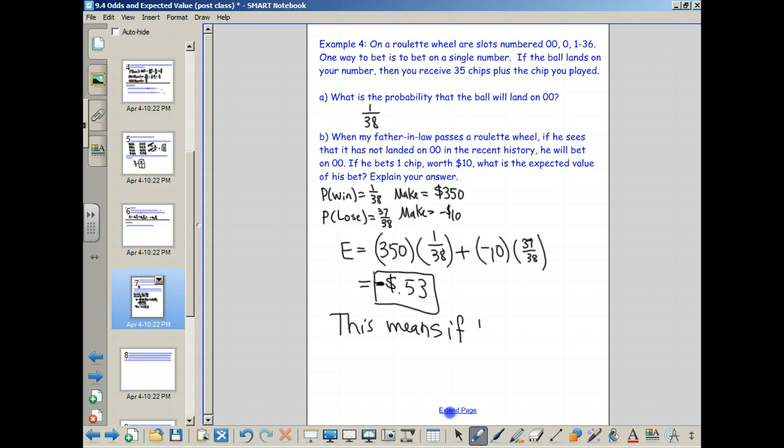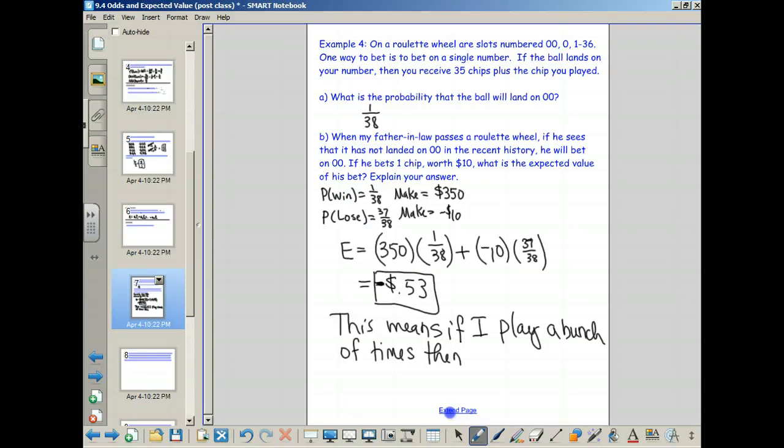But this means if I play a bunch of times, lots of times, then, I agree, sometimes I'm going to win and sometimes I'm going to lose. If you play enough times, you're probably going to hit sometime or another. You're probably going to win at some point.